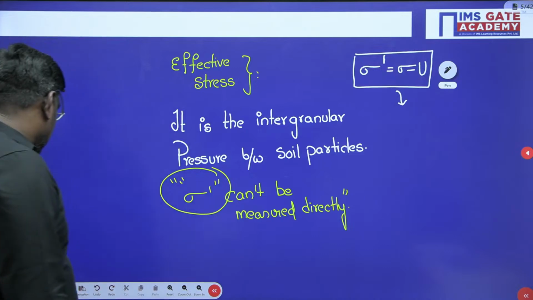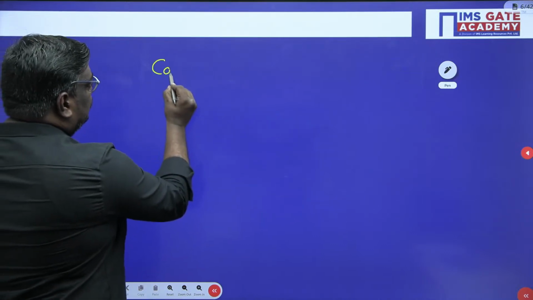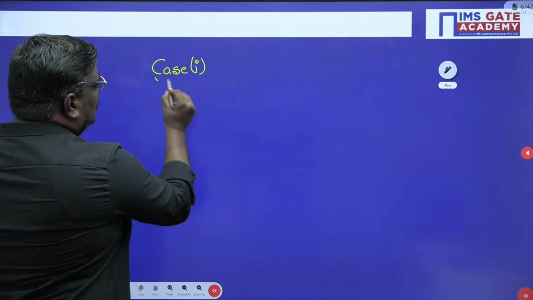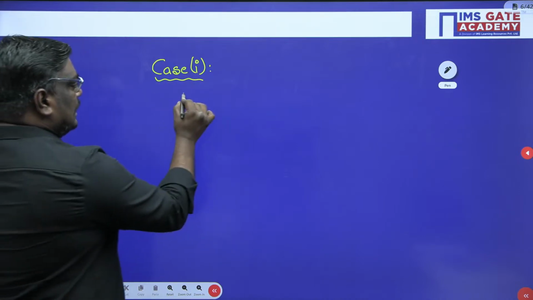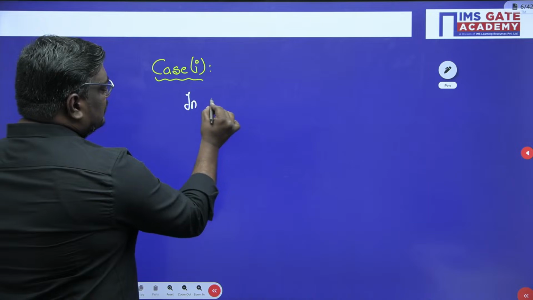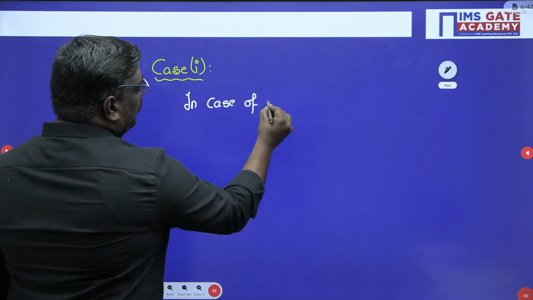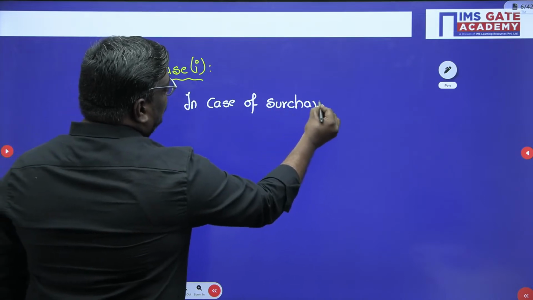Now let us understand with the cases. We have case one. We'll understand how the stress, see this is all diagram, students. First of all, in case of a surcharge, what does surcharge mean? Suppose there is a building, and on top of the building you find a cell phone tower, because it is a static load which will act throughout the soil.